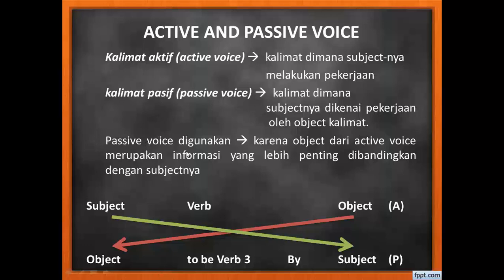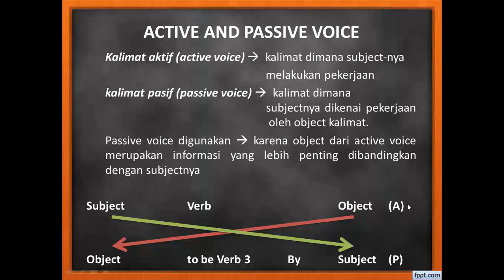So we can use the passive voice here because the object from the active voice is more of an information thing than the subject. So if we see the rules, for example, subject, verb, object, this is the normal sentence for active voice.